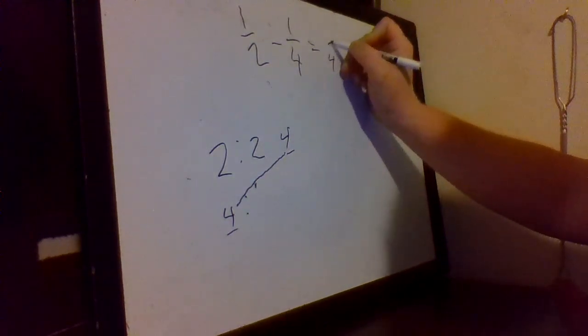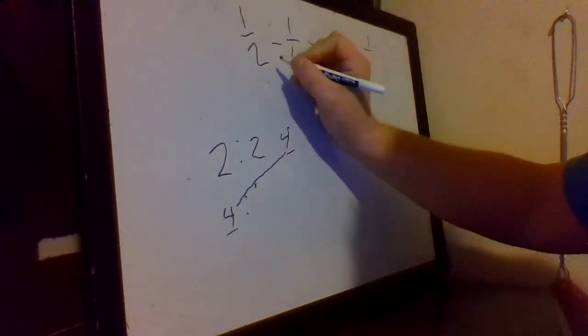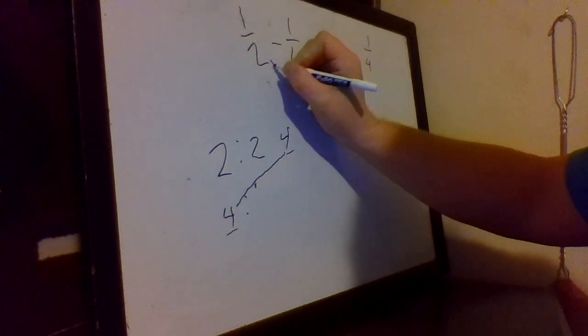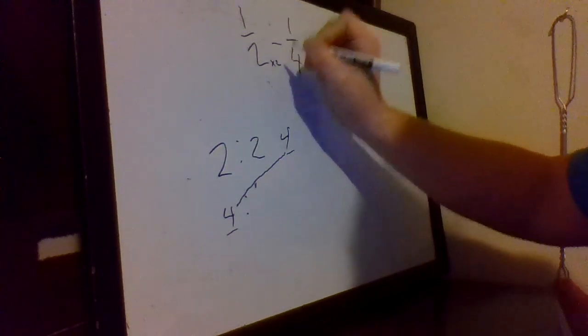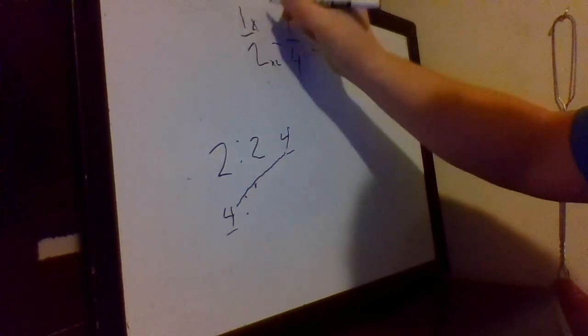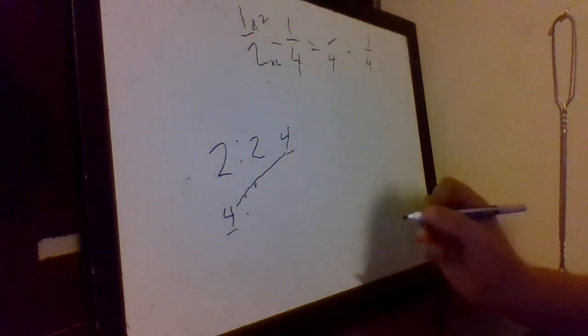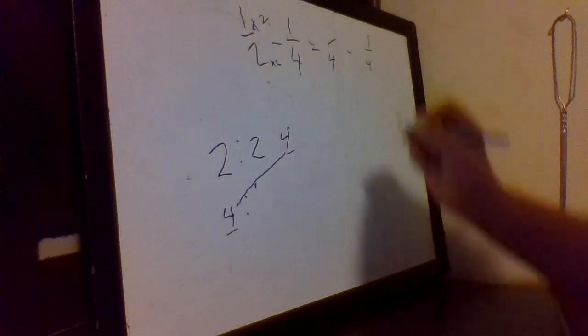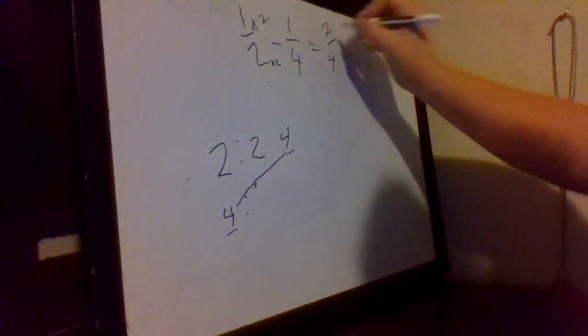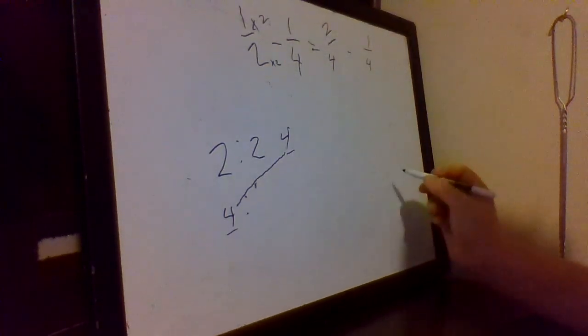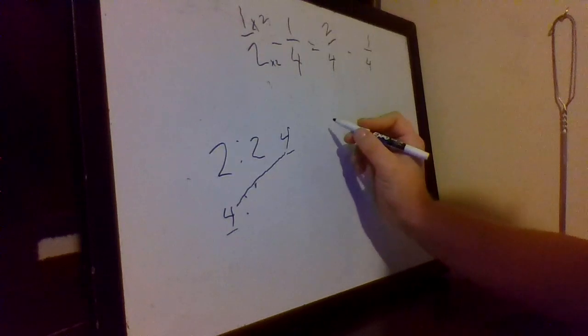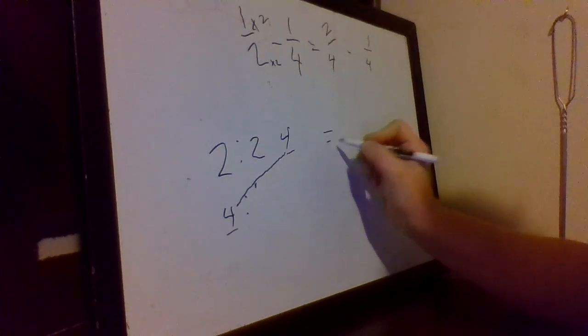Now, 2 times what is 4? 2 times 2 is 4. We know that. So we have to do the same to the top. So 1 times 2 is 2, right? All right. So now we've got fractions with the same denominator.